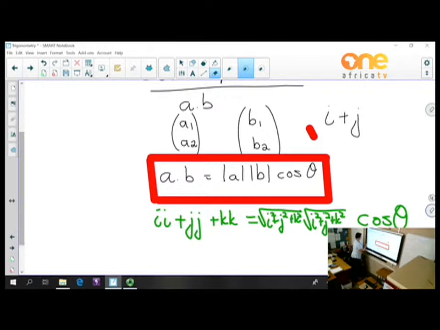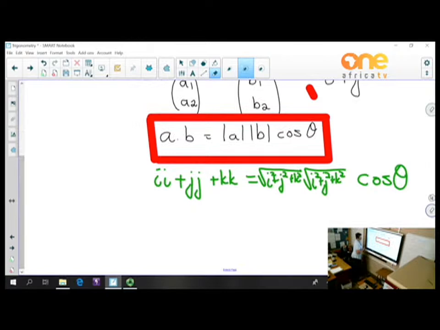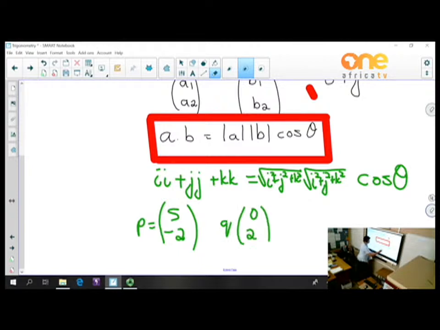Now let's look at an example, and then you will understand it better. Let's say we have the vector, you can follow there in the books as well. Let's say we have that vector 5, negative 2, and the second vector is, so this is P, and this is Q, and this one is 0, 2.